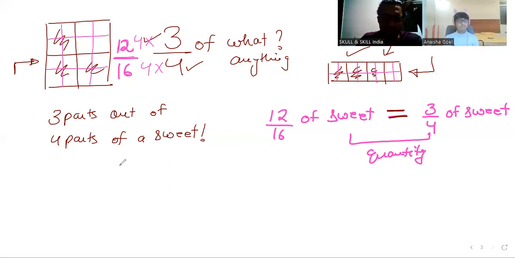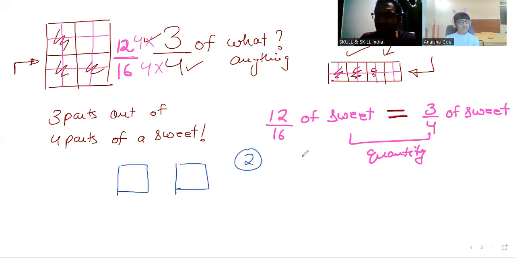Suppose there is another same sweet of exactly the same size. Obviously these are 2 sweets, right? Now let's break them. If I break it into 4 parts like this, if I take 1 part from here and 2 parts from here, can I join them?